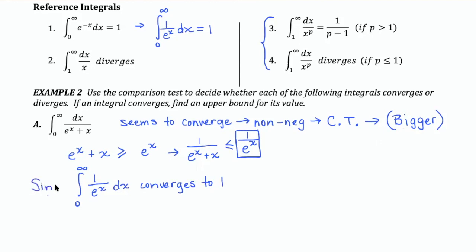And since this integral converges to 1, and the integral that I am interested in is smaller than that integral, or saying it the other way, my comparison integral is bigger than the one that I'm trying to show convergence for, I know my integral has to converge.